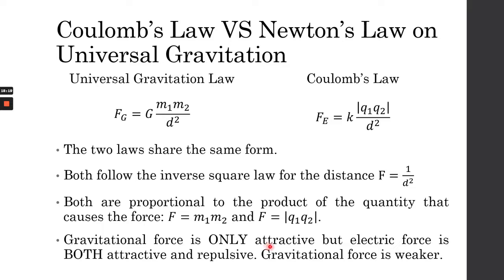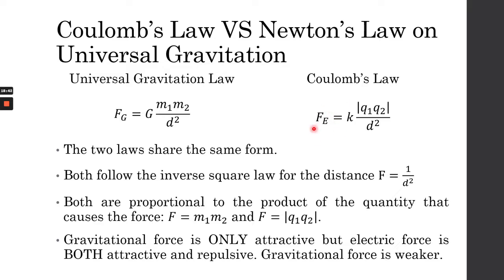Gravitational force is only attractive. It's never repulsive. For gravity, it's always the thing that pulls you to it. That's why we always stay on the earth, because the mass of the earth pulls us towards the earth. Hence, we stay on the ground. We do not float into the sky.